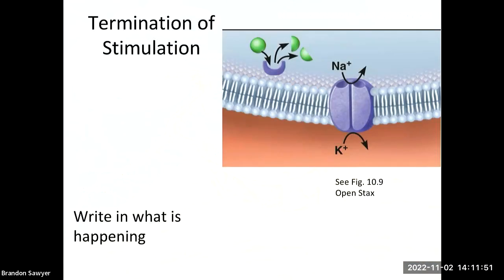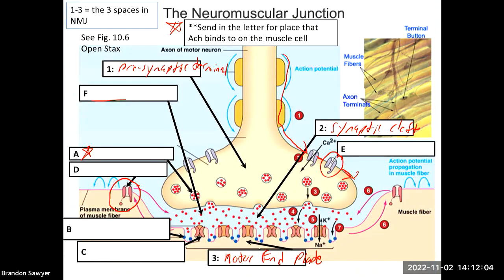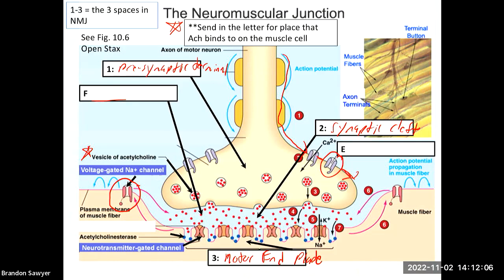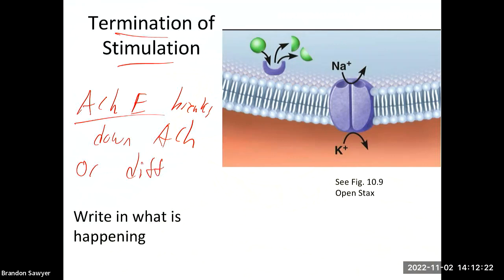Okay, and then lastly, to terminate the stimulus, we've got two options, like the video talked about. How do we redo this? Yeah, AChE, let's go with that. Acetylcholinesterase breaks down acetylcholine, or it just diffuses out of the synapse and goes away.